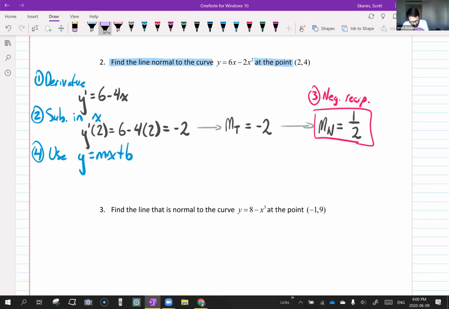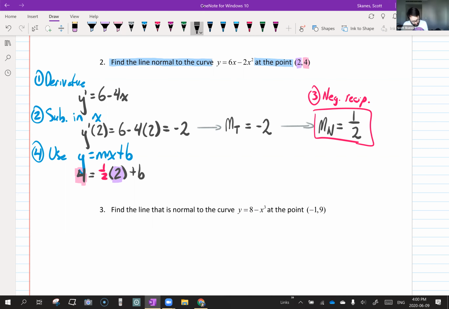What's our y? Our y, let me write it out first. Y equals mx plus b. Our x value is 2. Our y value is 4. Our b value, or sorry, our m is 1 over 2, so I can even color code that if you want.